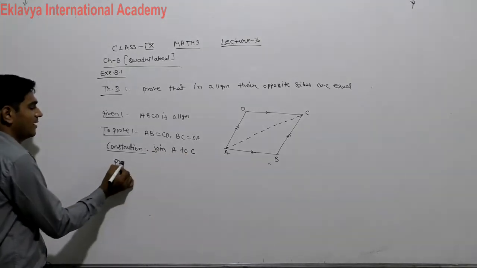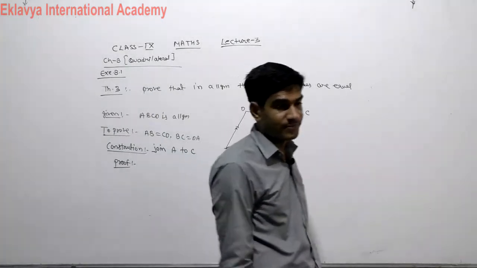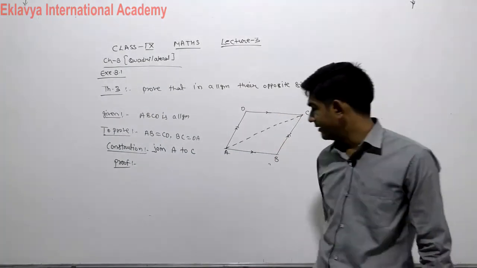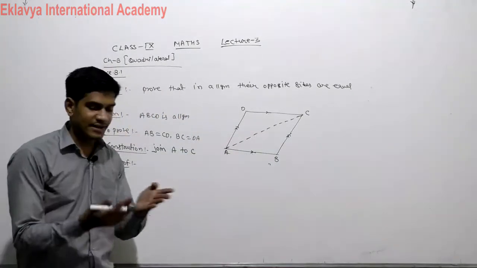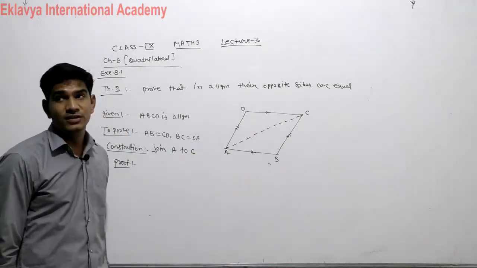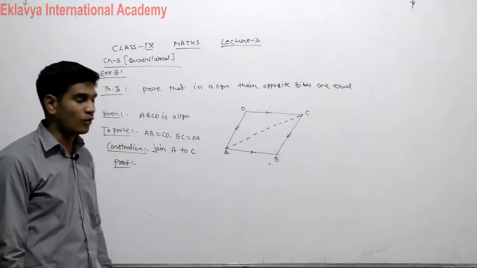Now in the proof part, after joining A to C, we find two triangles: first triangle ABC and second triangle ADC. First we have to prove that these two triangles are congruent.